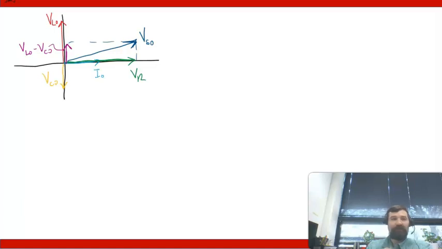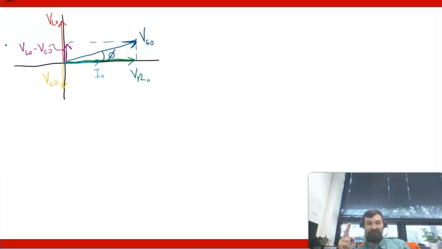Okay. Now, there is going to be some angle phi between the voltage across the resistor and the voltage across the source, assuming, of course, that we have a capacitor and an inductor and that our omega is non-resonant.